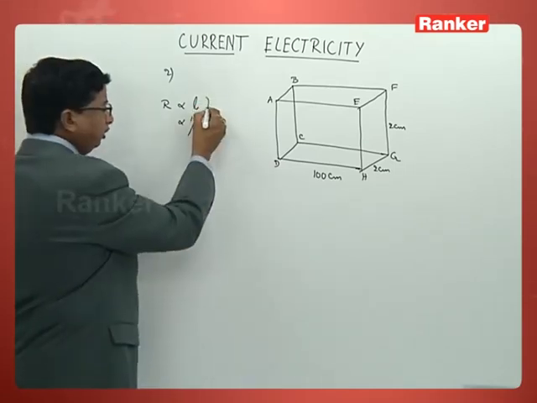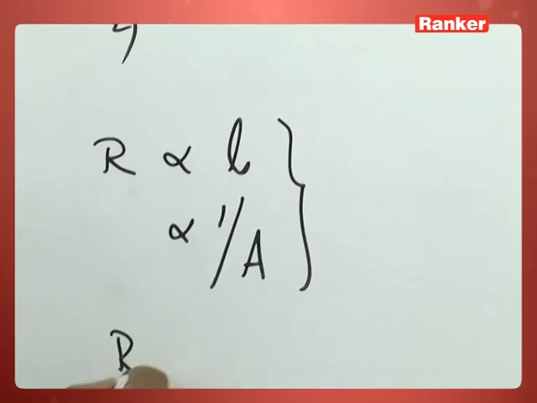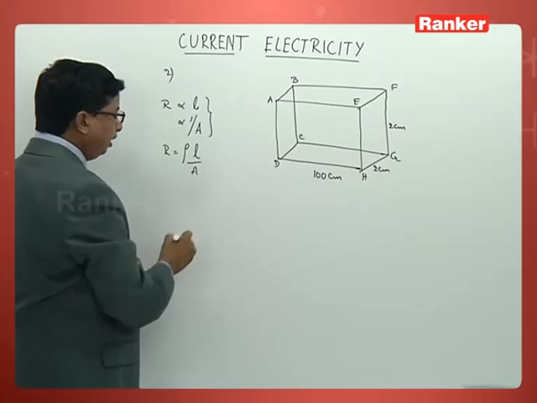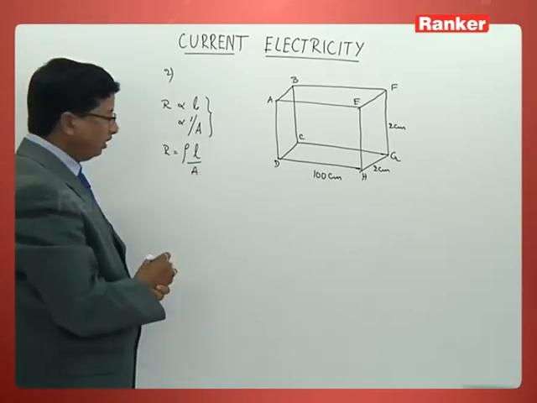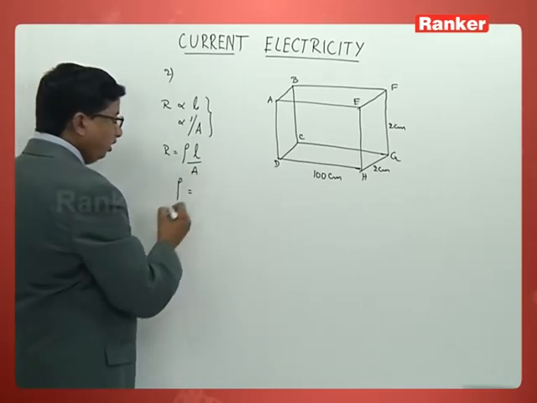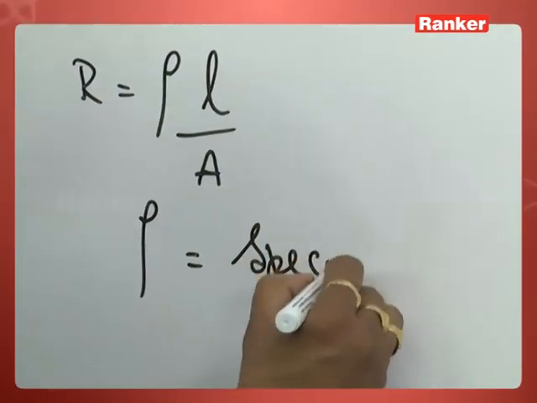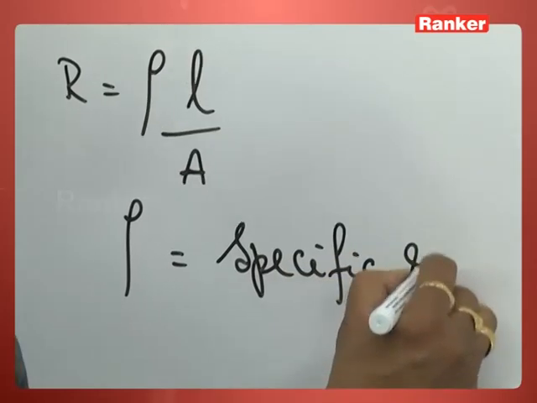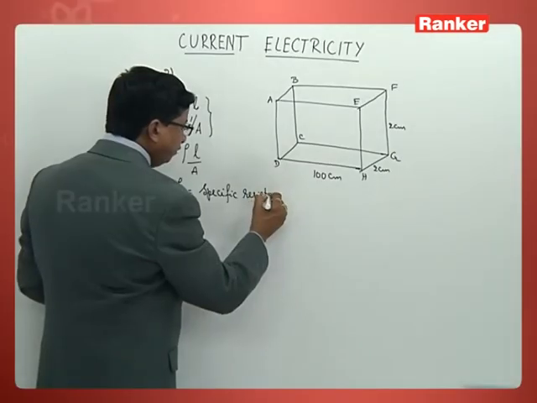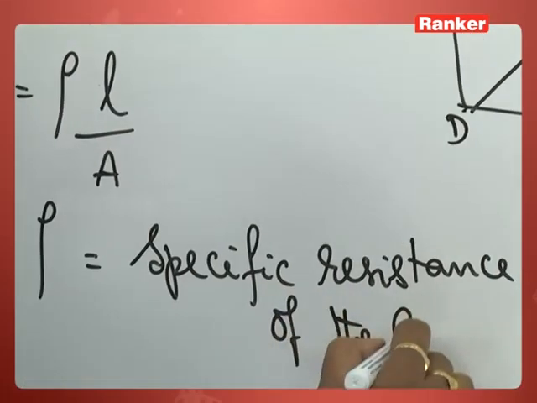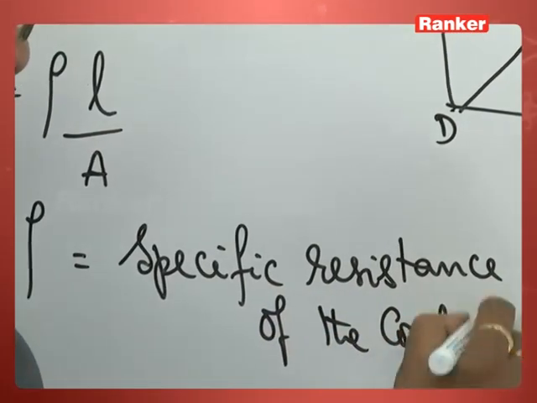In fact, you know well, R can be written as rho L by A. This is the formula. And what is this rho over here called? It is specific resistance.